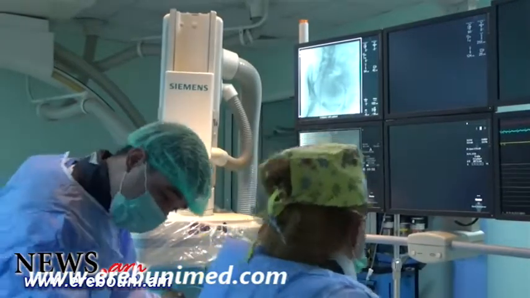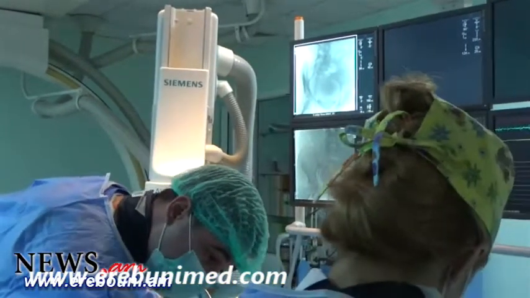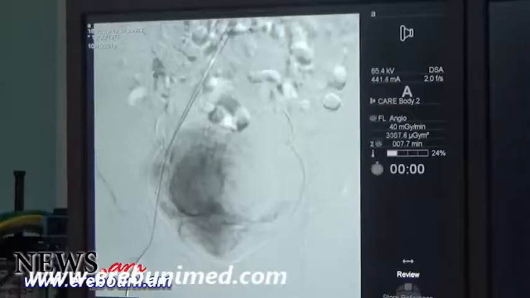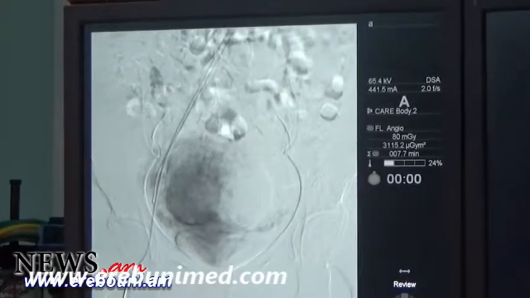Current angiographic tools allow us to find arteries in any location. Now we are in the right uterine artery and carry out a selective angiography.